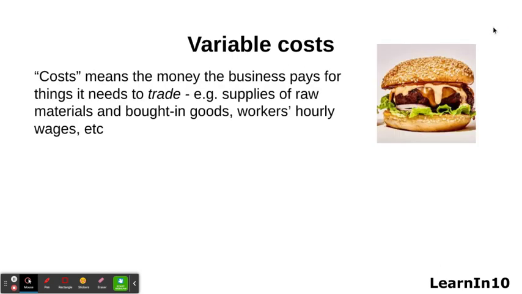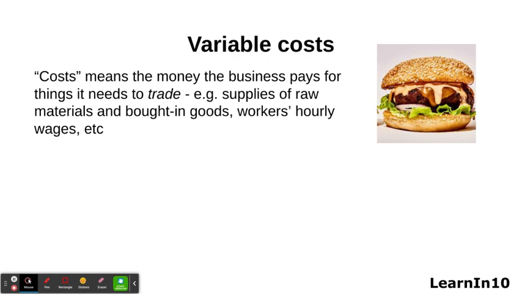Variable costs now. So costs will be the money leaving a business so that it can trade and operate. And in terms of variable costs, these are the costs of supplies of raw materials, bought-in goods, workers' hourly wages. These will vary directly with the number of units of output that business sells.